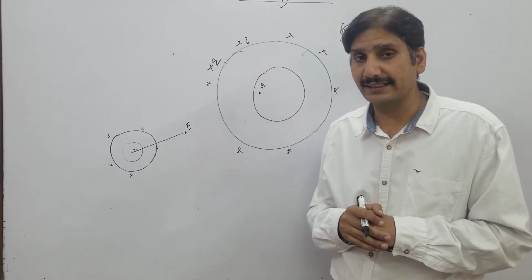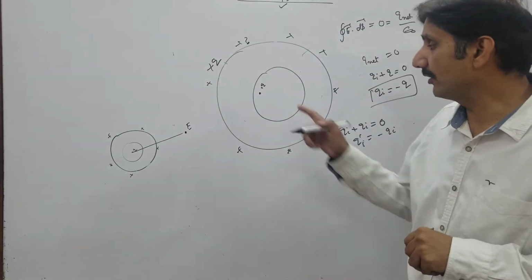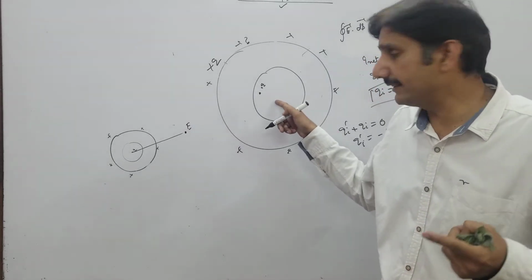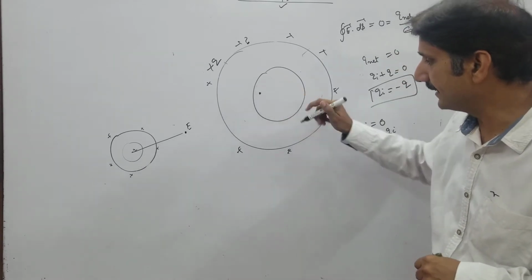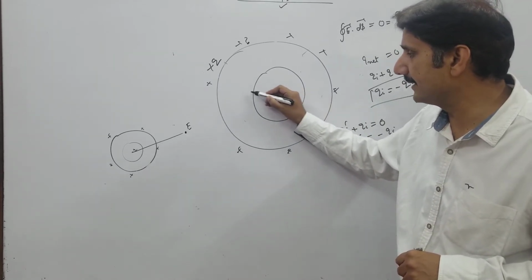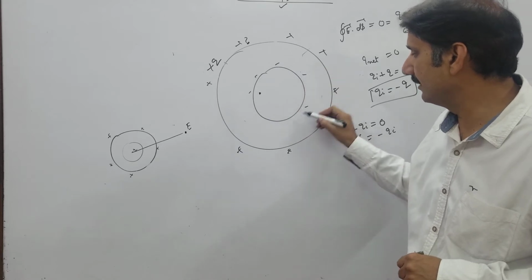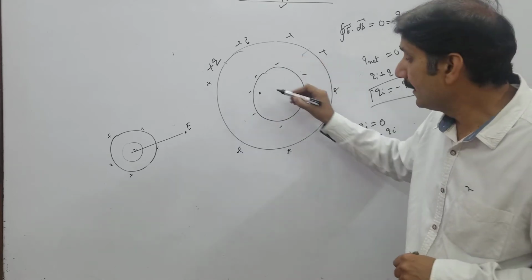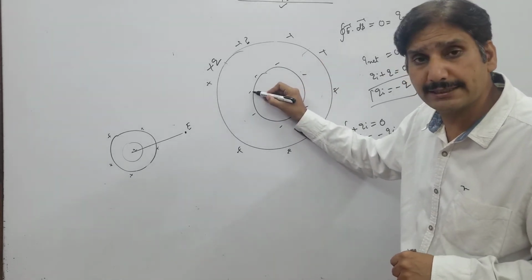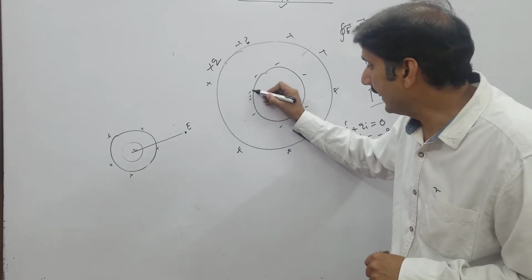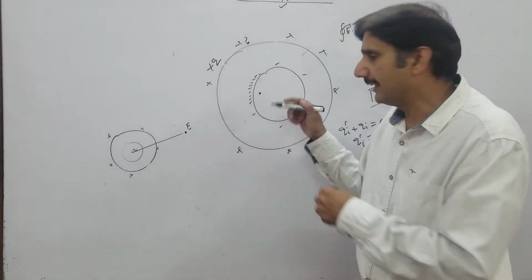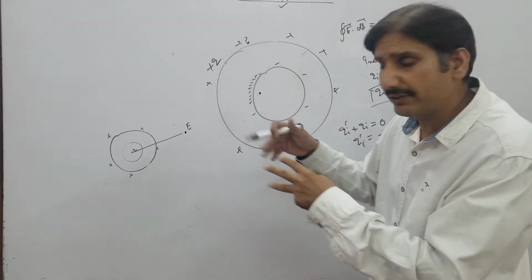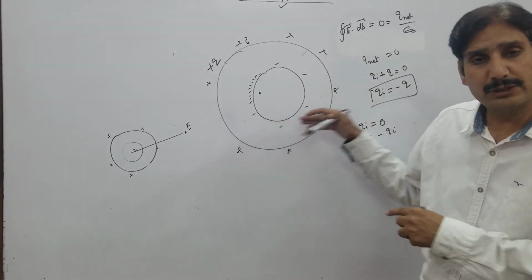And secondly, what would be the form of the electric field inside this cavity? Since plus q charge has been placed, the negative charge will again appear on this inner surface. But since plus q is placed close to this surface, negative charge would be more crowded in this region than in the region which is away from it.